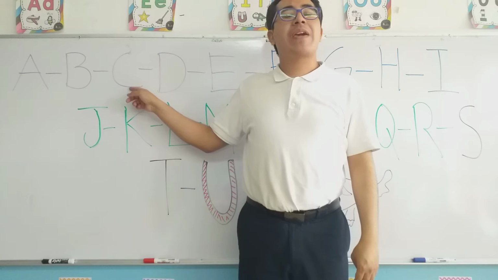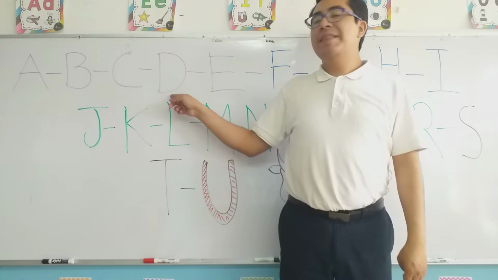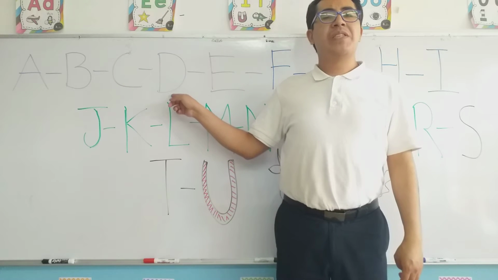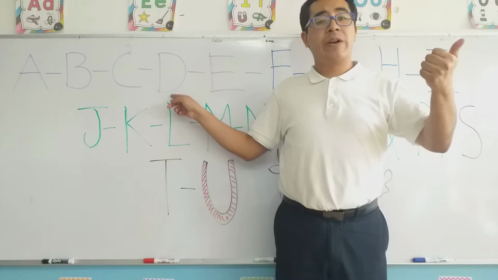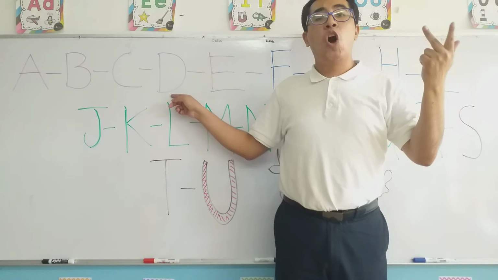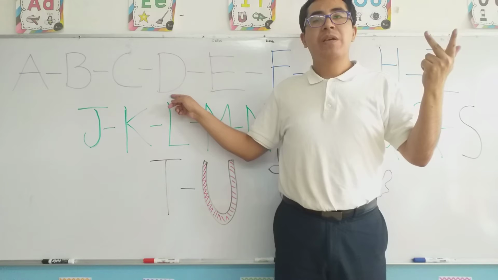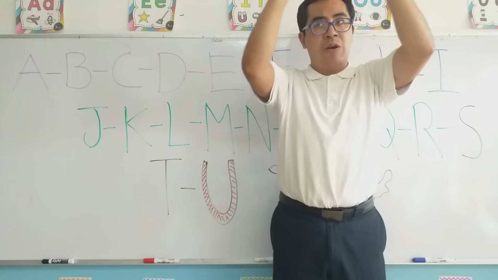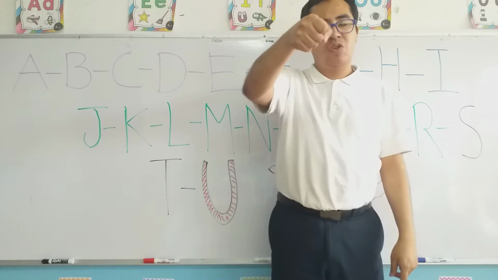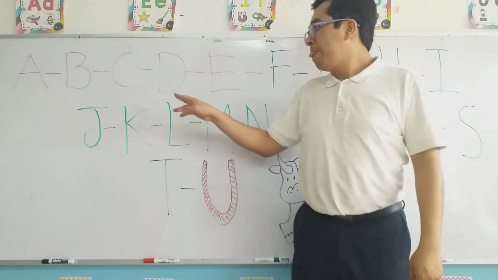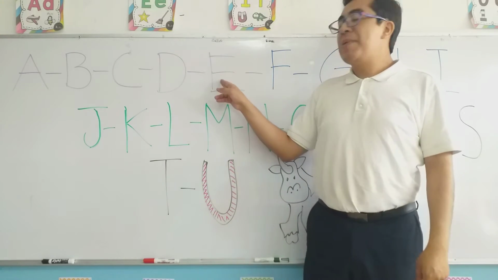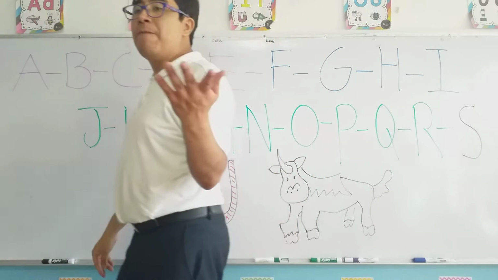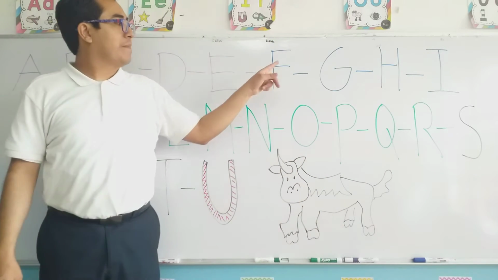Capital C for cat. Capital D, objects with this letter: dragon, doll, dog, and door. Remember, the rectangular object that we use to enter a room.